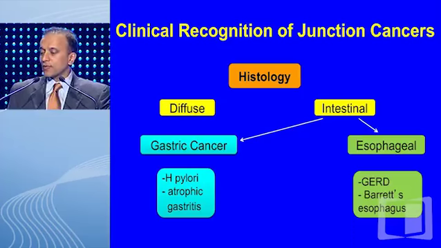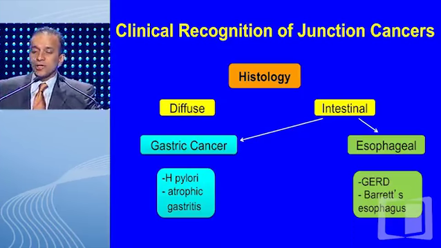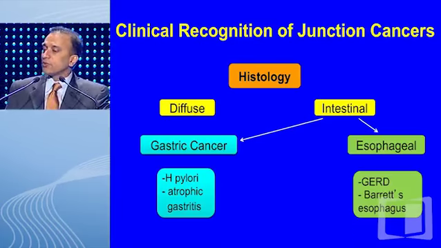So if we look at clinical recognition of junction cancers, on histology, these could be diffuse or intestinal. If it's diffuse, it's probably gastric cancer. If it's intestinal, close to the GE junction, it could behave as distal esophageal cancer, and if it's H. pylori, it's probably distal gastric cancer and behaves as that, whereas if the patient has reflux symptoms or has Barrett's esophagus, these behave more like distal esophageal adenocarcinomas.